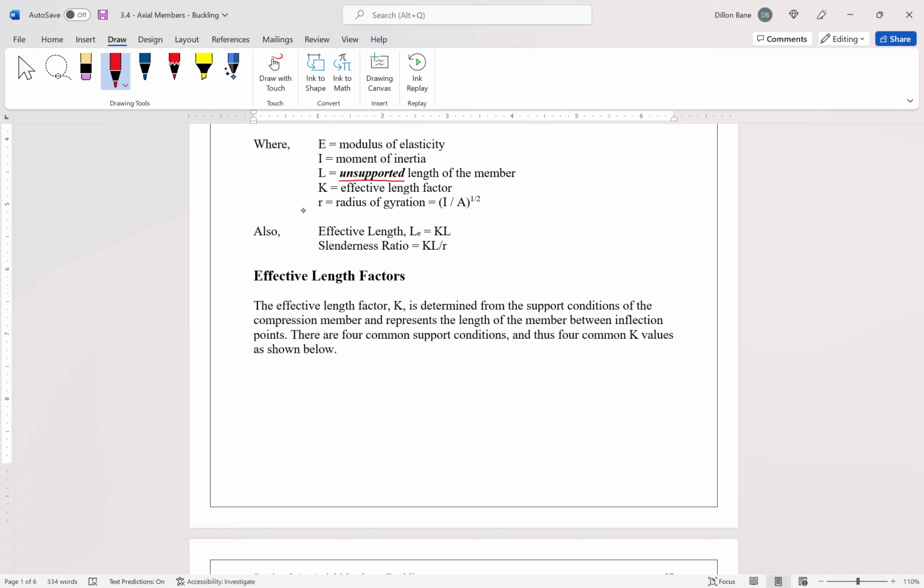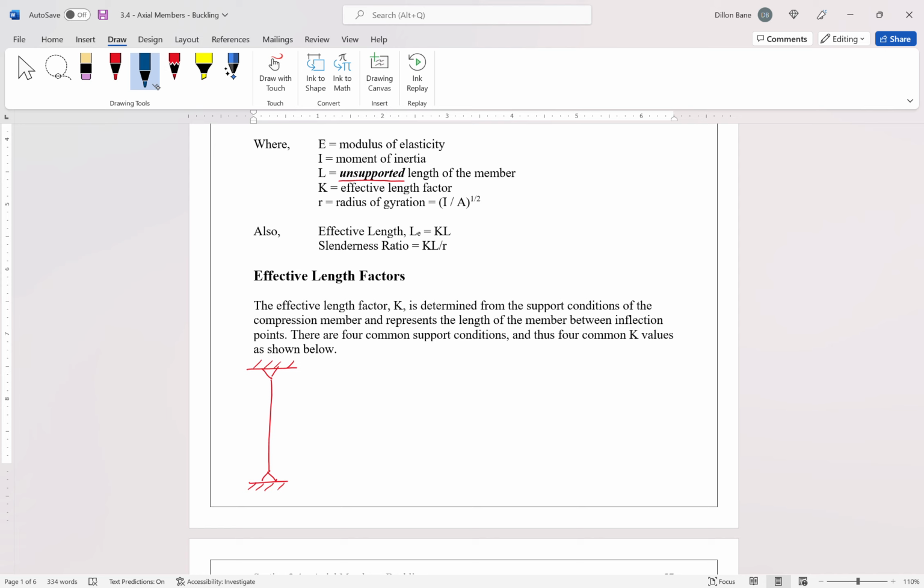Okay, so I'm just going to draw these 4 different columns. The first one, if this is our column or our compression member, I'm just going to generically say column here. We have this column that is pinned at the top and it's pinned at the bottom, okay? If I were to draw the buckled shape of this column, so say there's an axial load pushing up and down onto this column, at some point that column's going to buckle if that load gets high enough.